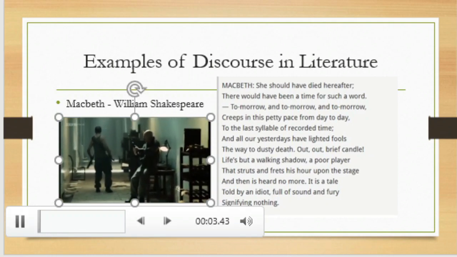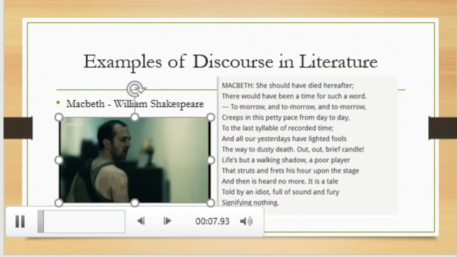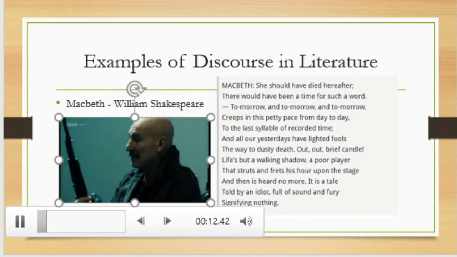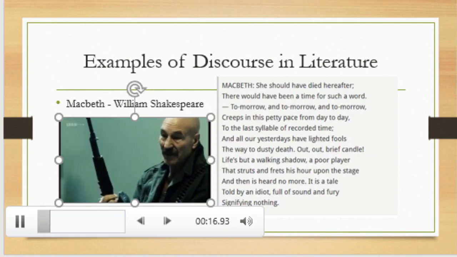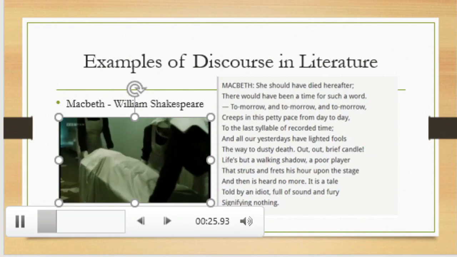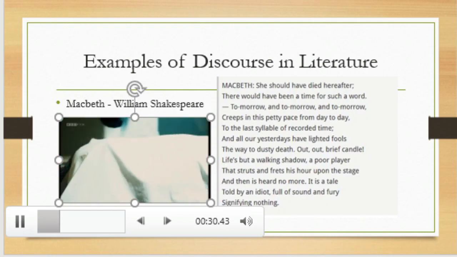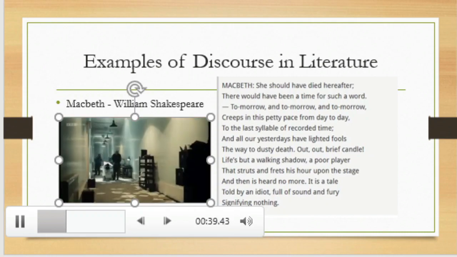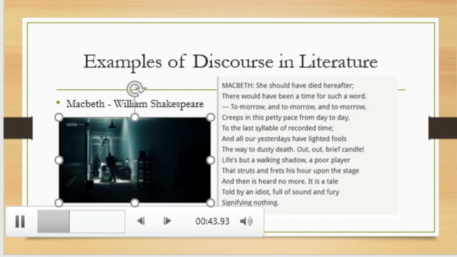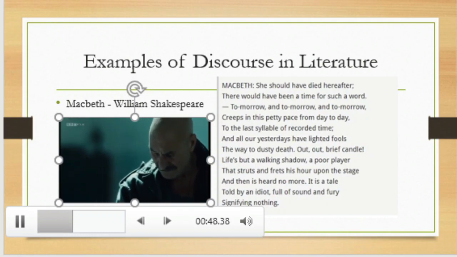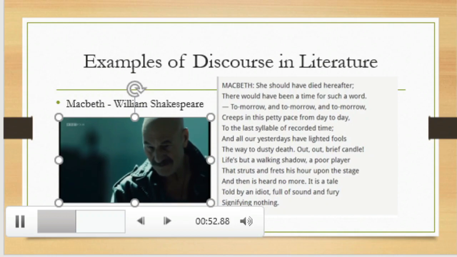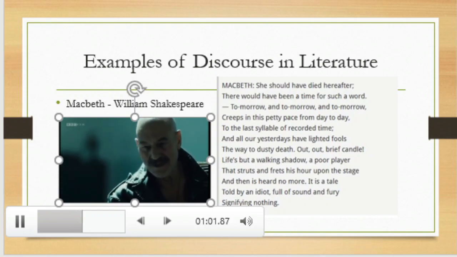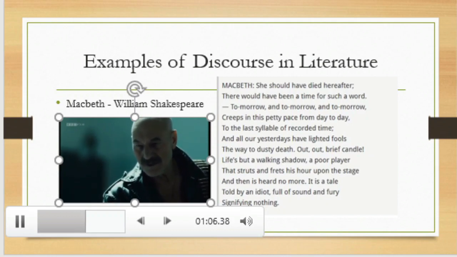Wherefore was that cry? The Queen, my lord, is dead. She should have died hereafter. There would have been a time for such a word. Tomorrow, and tomorrow, and tomorrow creeps in this petty pace from day to day to the last syllable of recorded time.